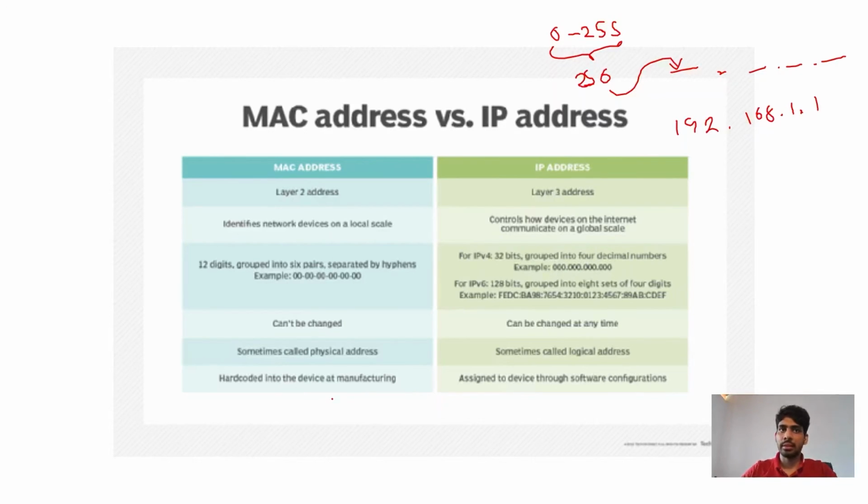But the network administrator can assign an IP address as he wants, so we can change it when we want. For a mobile device, when we take it from one network to another, the IP address changes. If you are using a technology like DHCP, even there the IP address changes frequently.